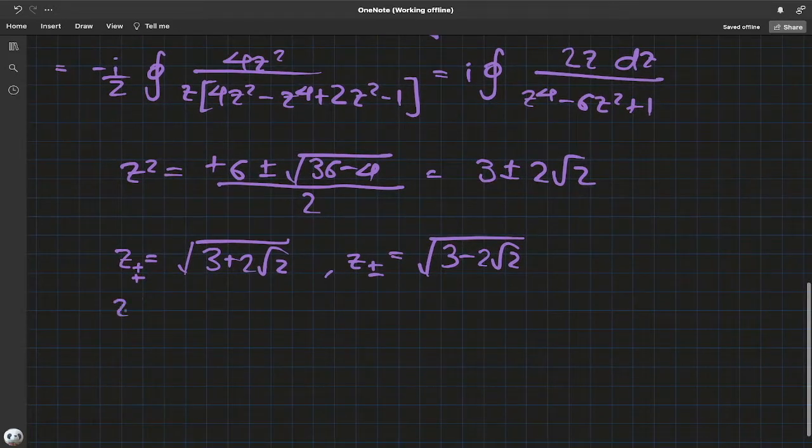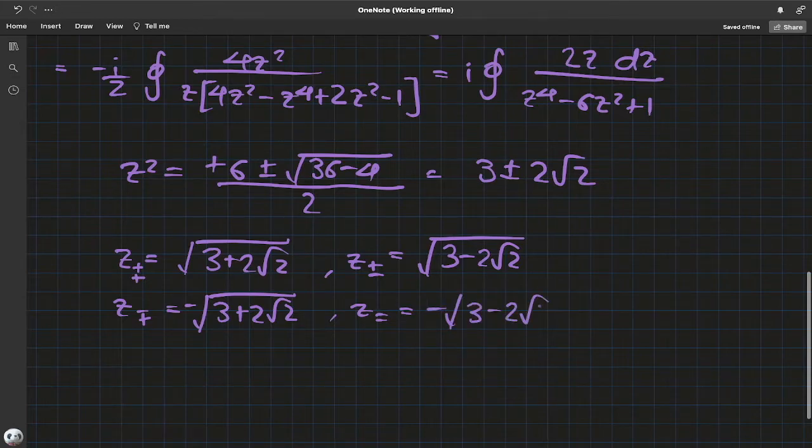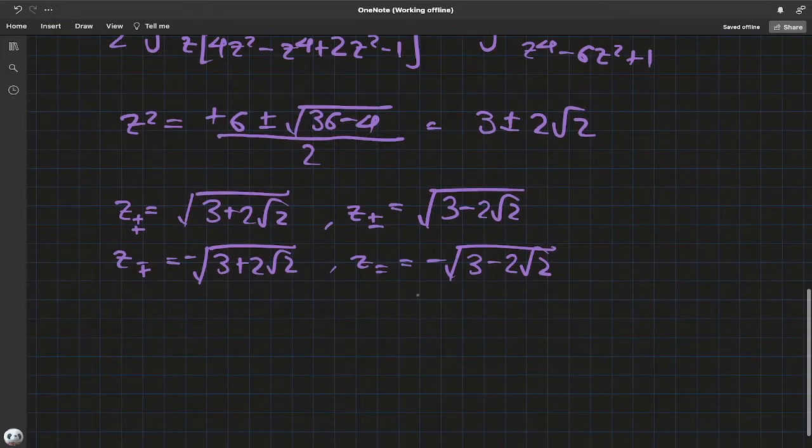We have a z minus plus, which is going to be negative 3 plus 2 square root of 2, and a z minus minus, which is going to be negative square root 3 minus 2 root 2. So it's kind of obvious, I hope it is to you.